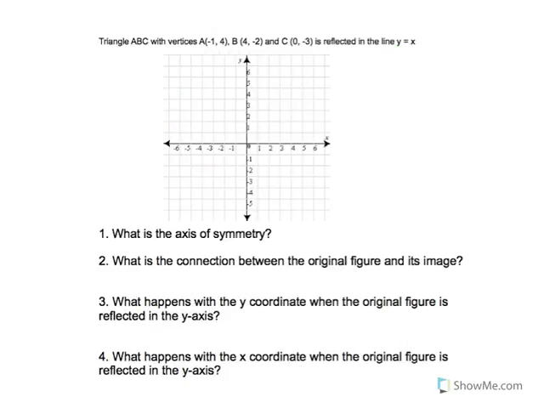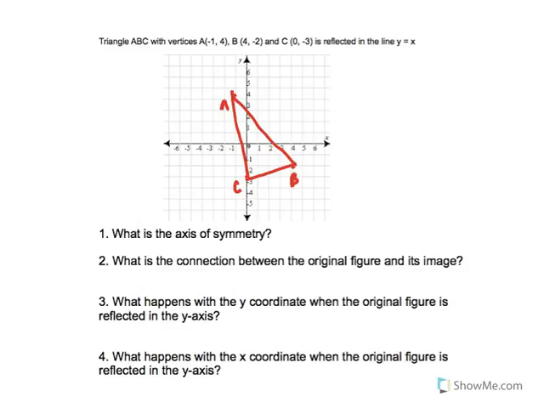Now the other type you're going to see is triangle ABC with vertices A, which is -1, 4. Okay. B, 4, -2. And C, right here. Okay.